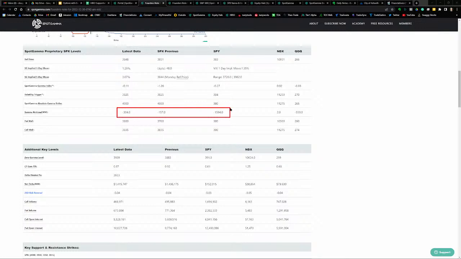Yesterday, SPX gamma notional was minus 651, and today it has moved up to minus 304. And yesterday's SPY was a pretty significant minus 2326, and today it's minus 1594.